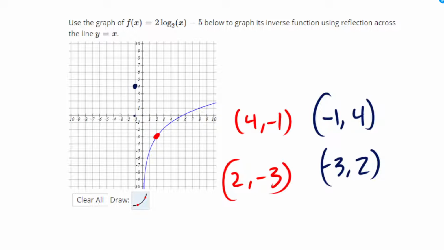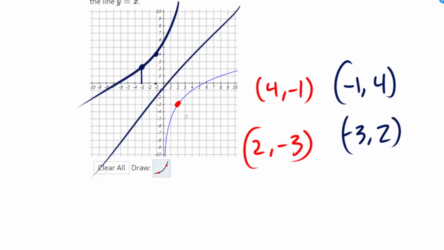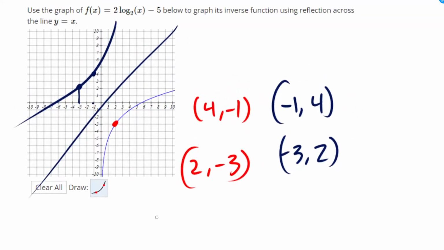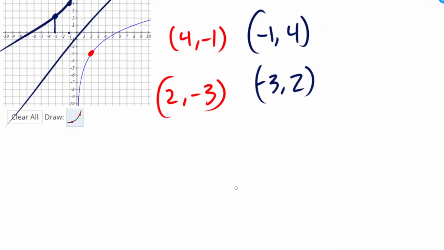This is not that much information, but since it's reflecting across y equals x, it'll look something like this, kind of like a baseball almost. And that would be your new one. You'll graph it with 2 points. You just want to make sure the curve is correct.